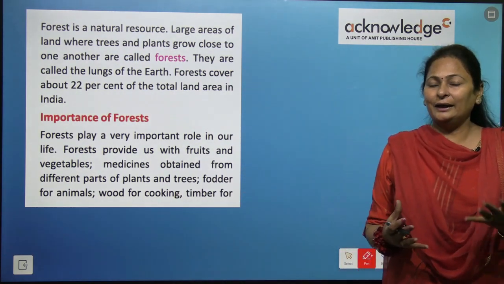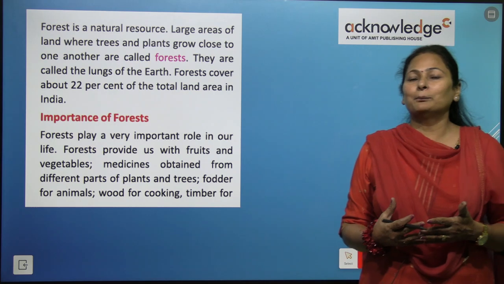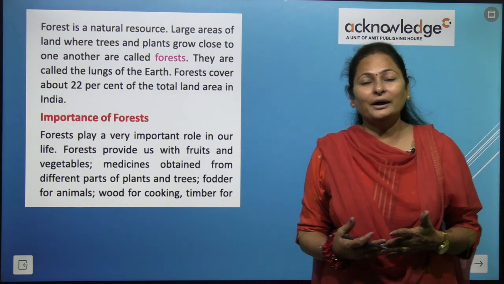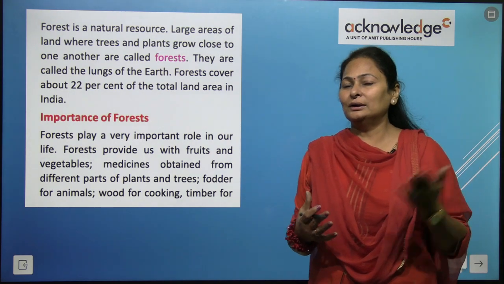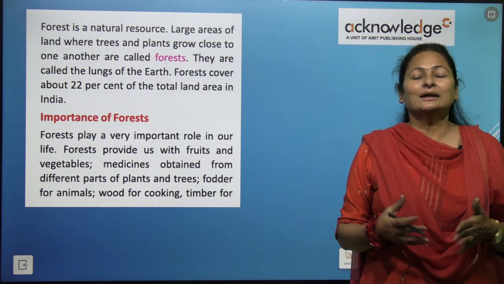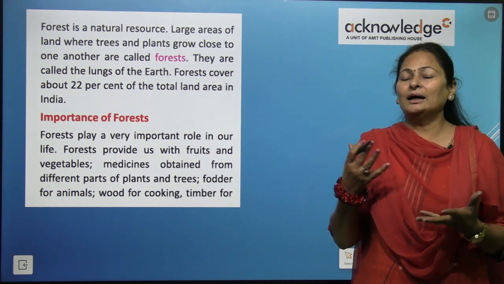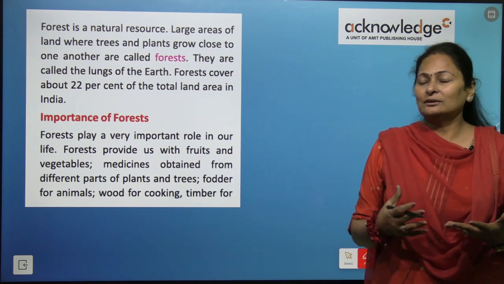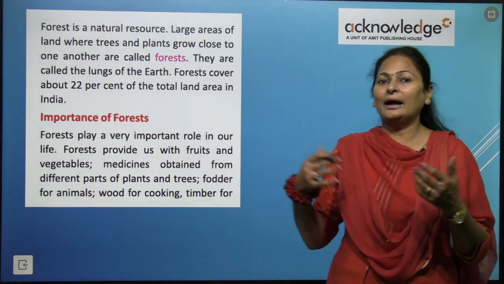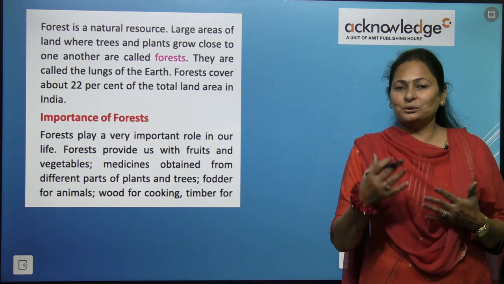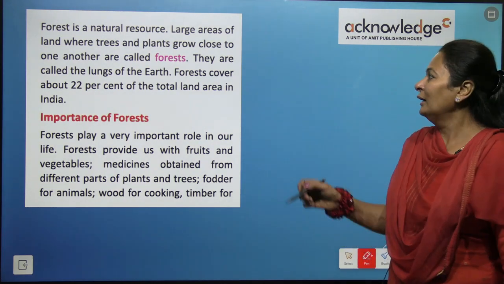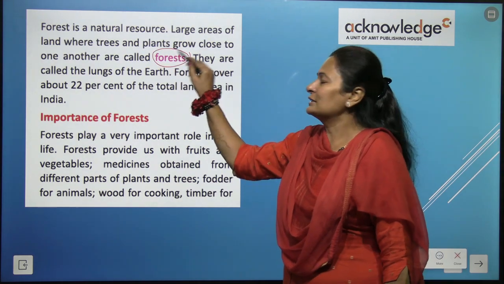a large land area which is covered by plants or trees, different types of plants and trees we have learned about in the earlier sessions, right? They grow here very close to each other, so this is called a forest.